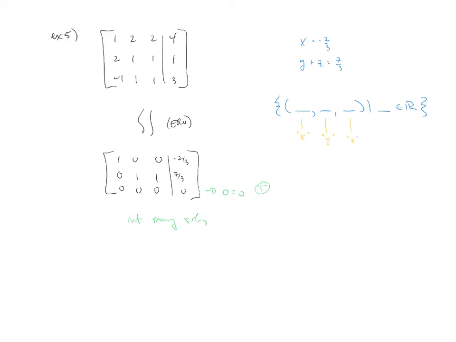Out of those 3 coordinates, you're allowed 1 variable. Now for us, it's pretty clear as to what x would be. X is going to end up being negative 2/3. It has to be. The y, on the other hand, if I solve this, I get 7/3 minus z.